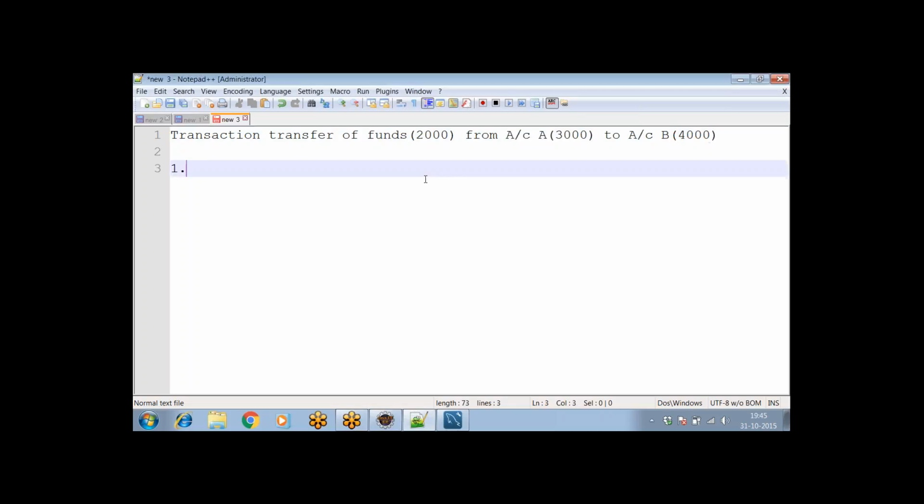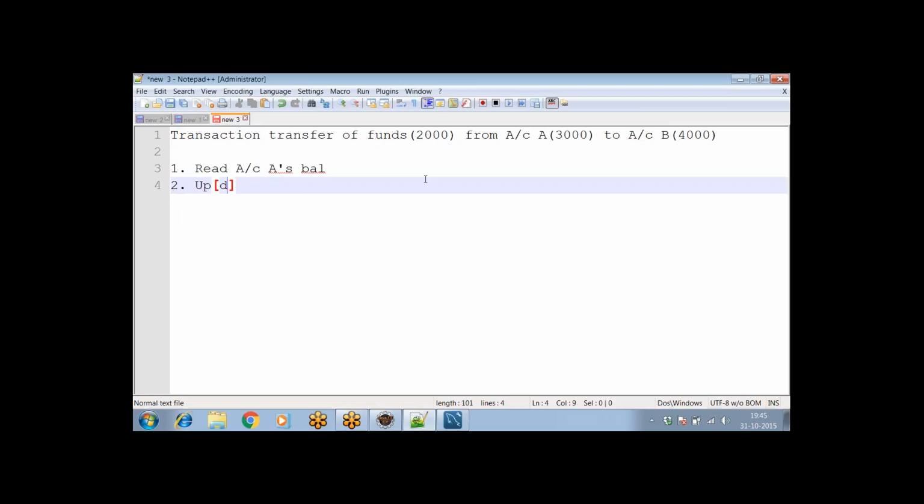So first of all, read account A's balance, then update account A's balance to how much? 1000. So we have to deduct 2000 from account A, right?